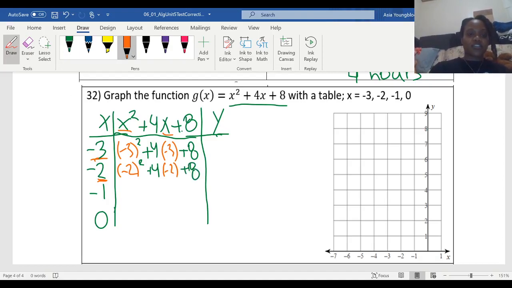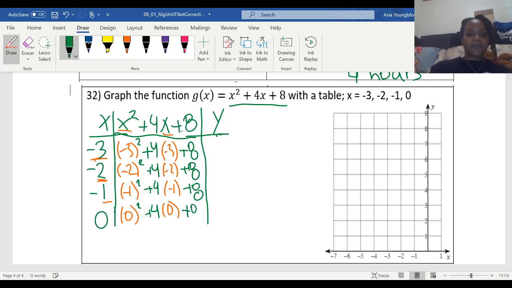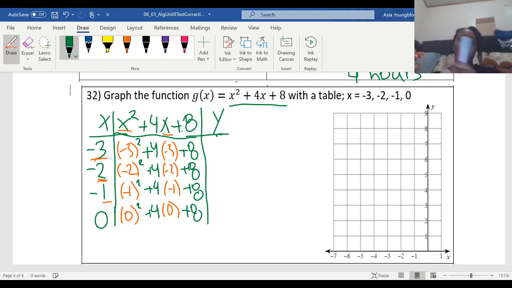Third row, change them to -1. -1 squared plus 4 times -1 plus 8. Last row, we're plugging in the zeros. 0 squared plus 4 times 0 plus 8.